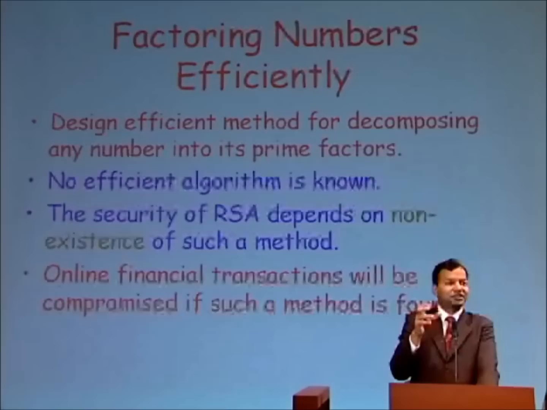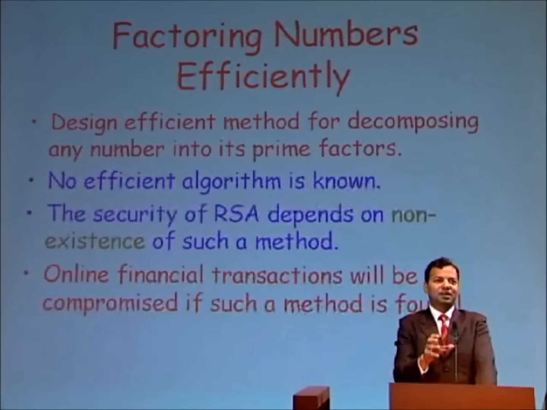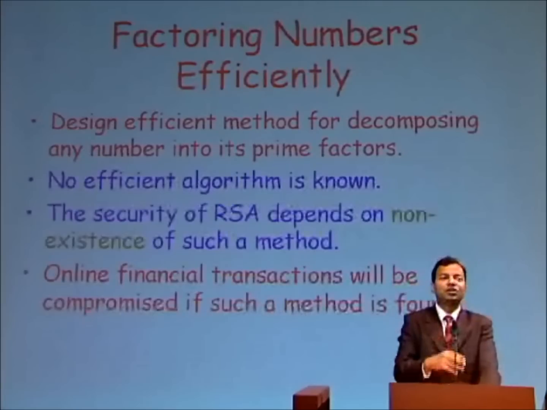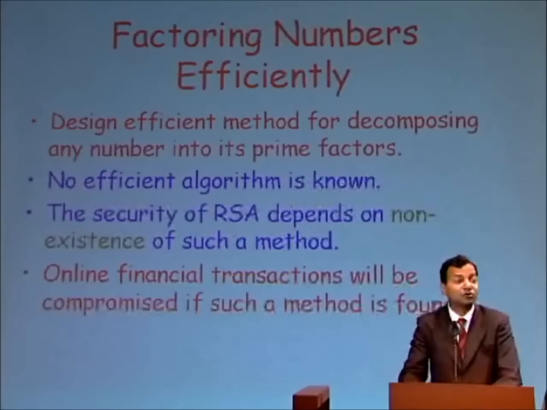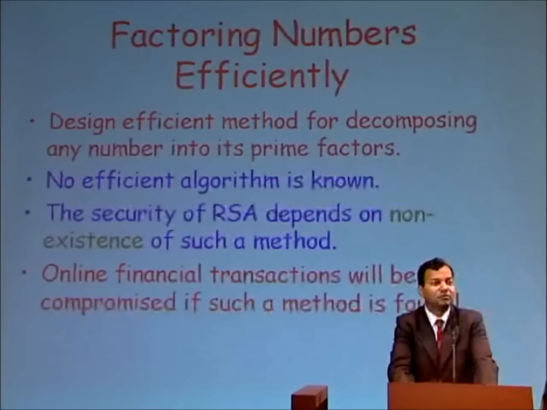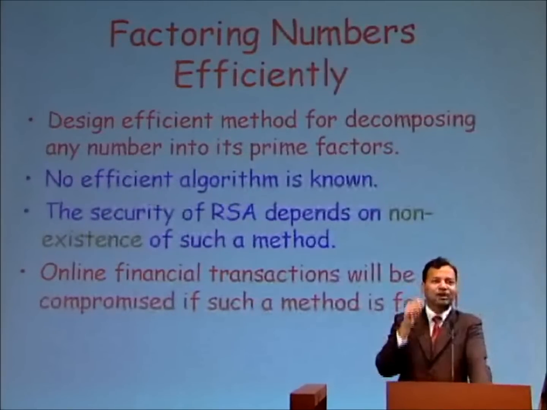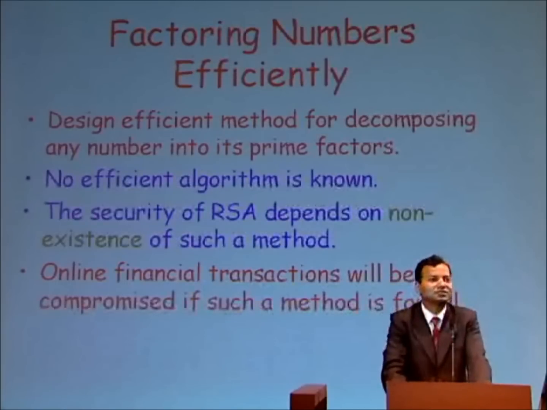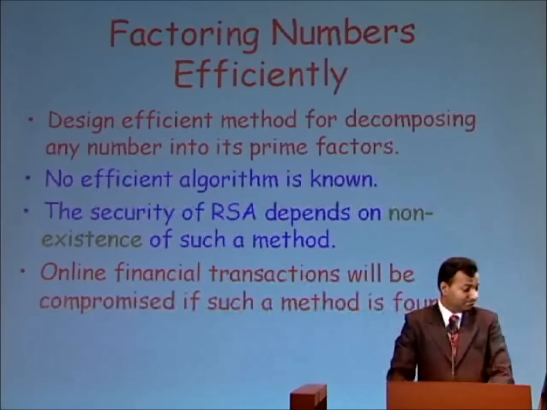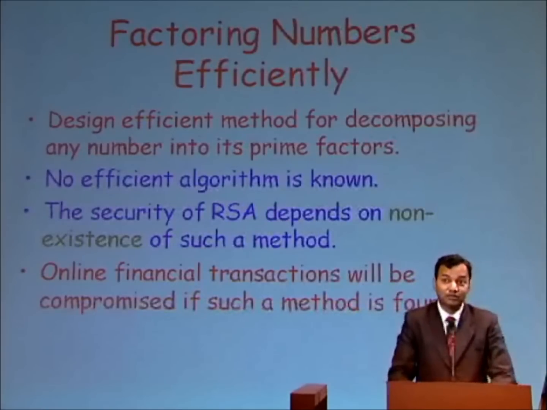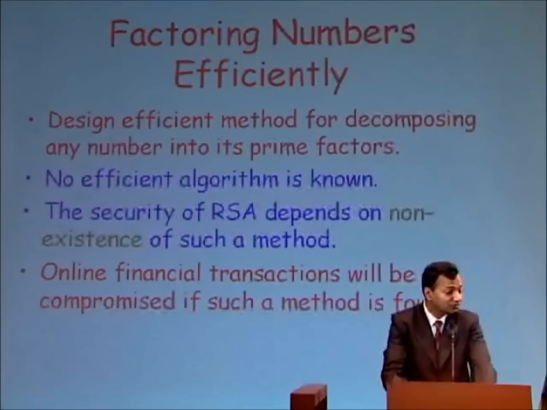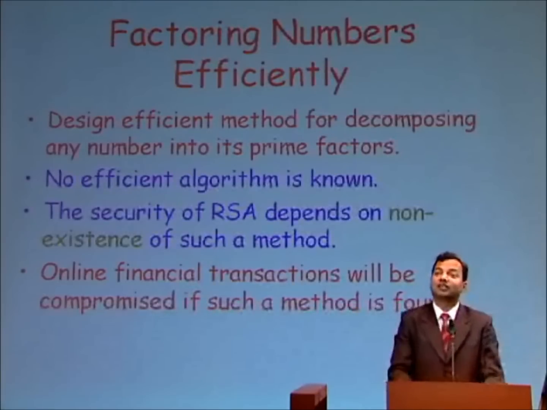In fact, the security of the RSA system is based precisely on this, on the fact that we do not know how to factor numbers efficiently. And the day we manage to factor numbers efficiently, the RSA system will be history. So many people actually hope that no efficient method for factoring numbers can be found.